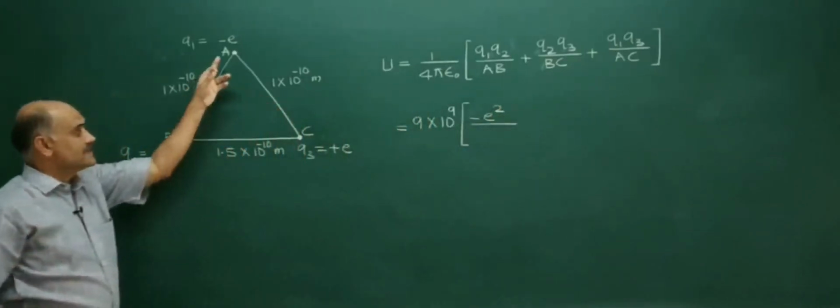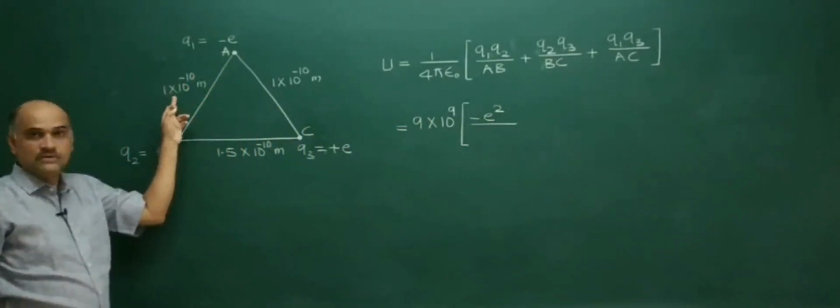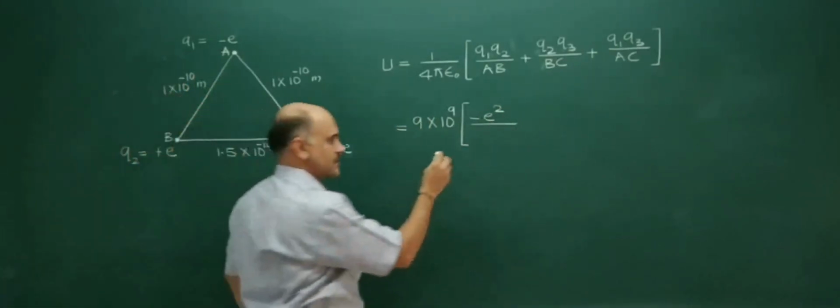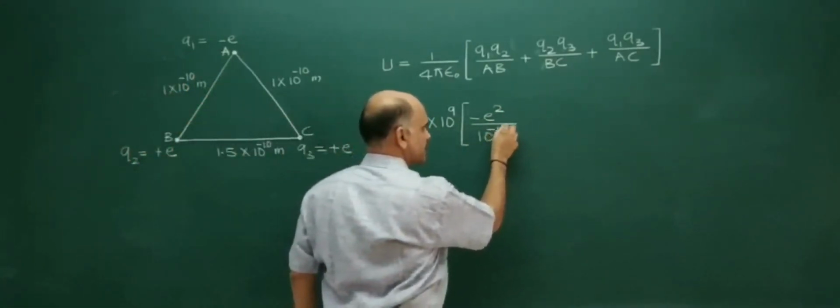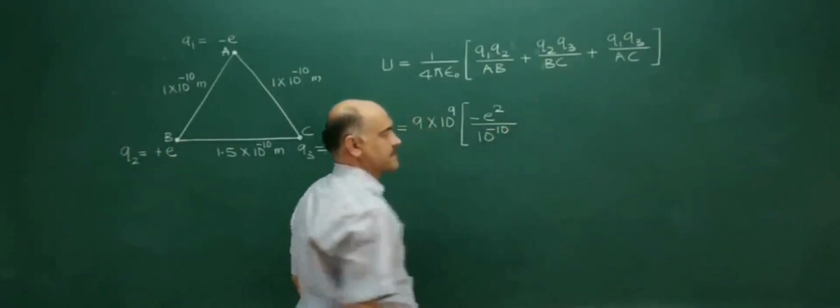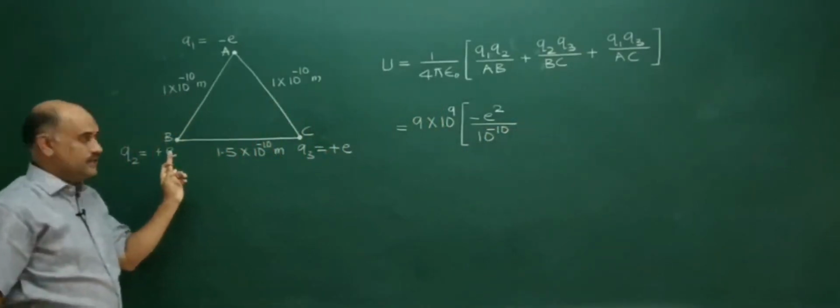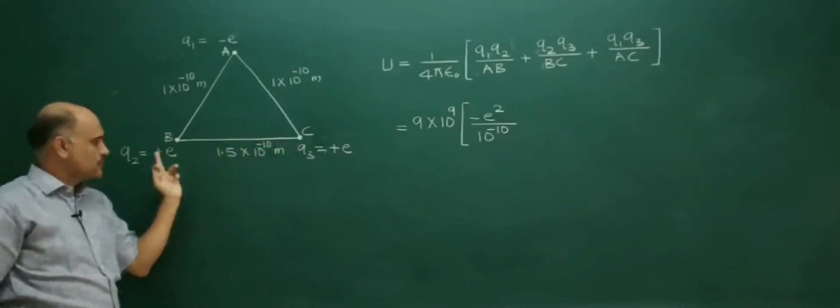length AB is equal to 1 angstrom unit. So I will write 10 raised to minus 10, plus Q2 into Q3.